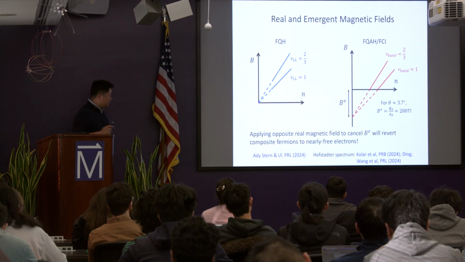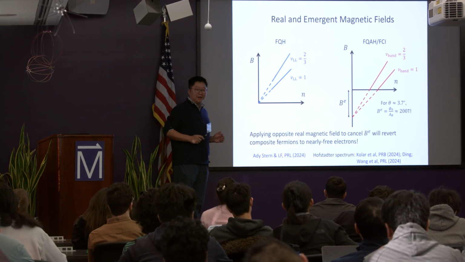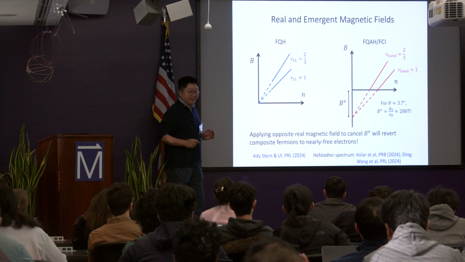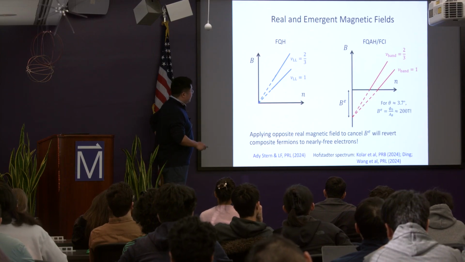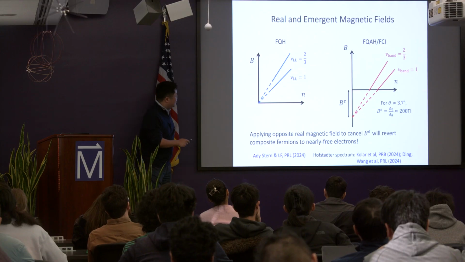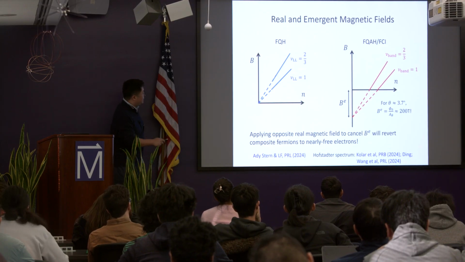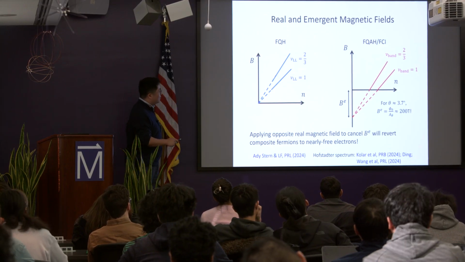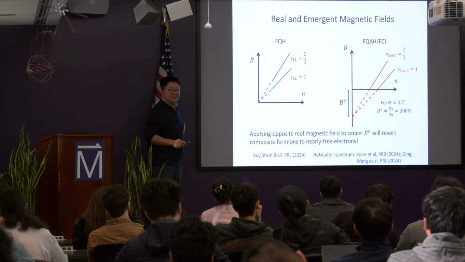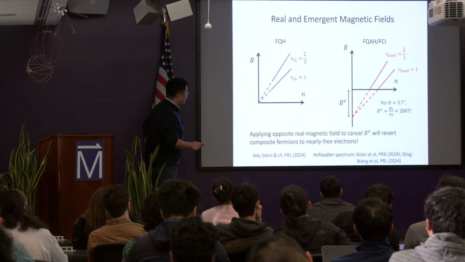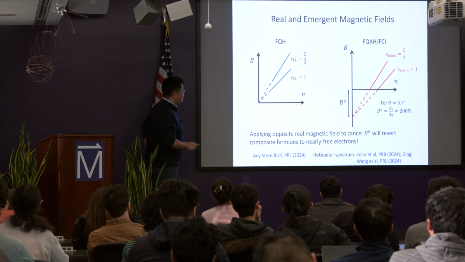Okay, now back to the question. Why do we need a 200 Tesla real field? Okay, this is my last slide. So to summarize, if I now compare these two cases for fractional quantum Hall or fractional Chern insulators, at zero field we already have quantized states, and the density of these states will evolve with magnetic field.